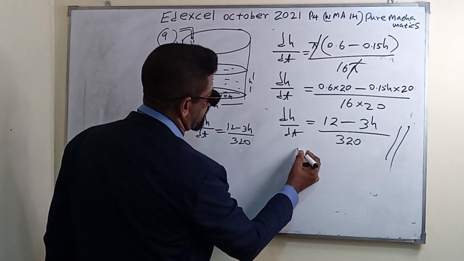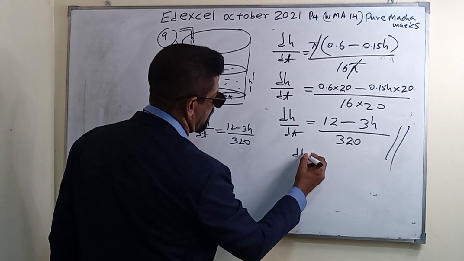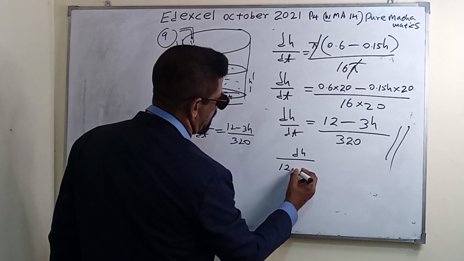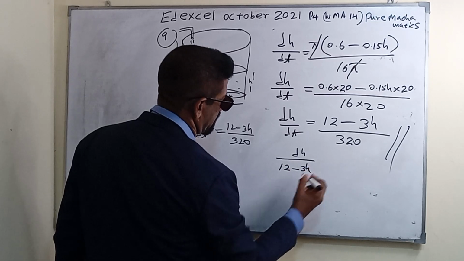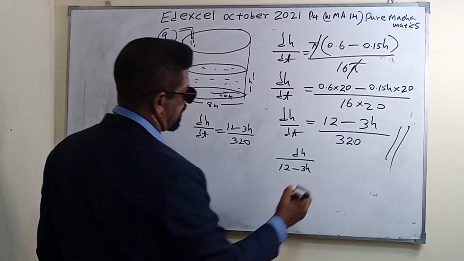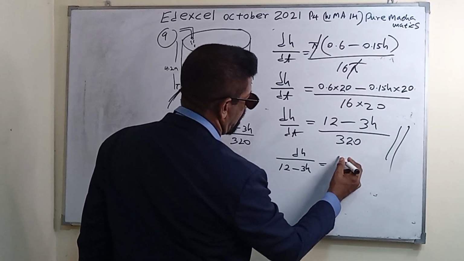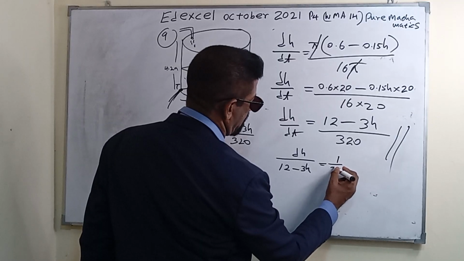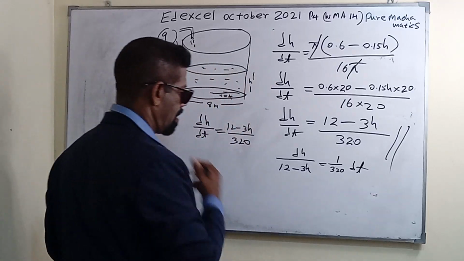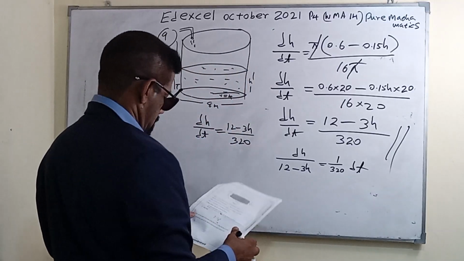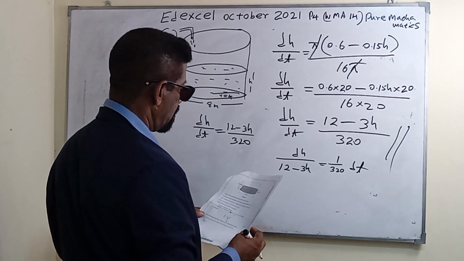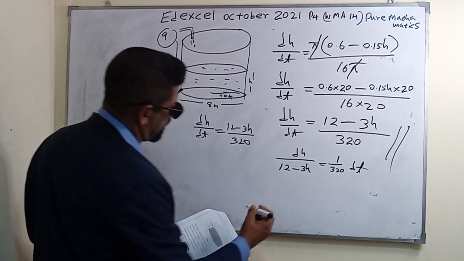So dh over 12 minus 3h equals 1 over 320 dt. So you can integrate.